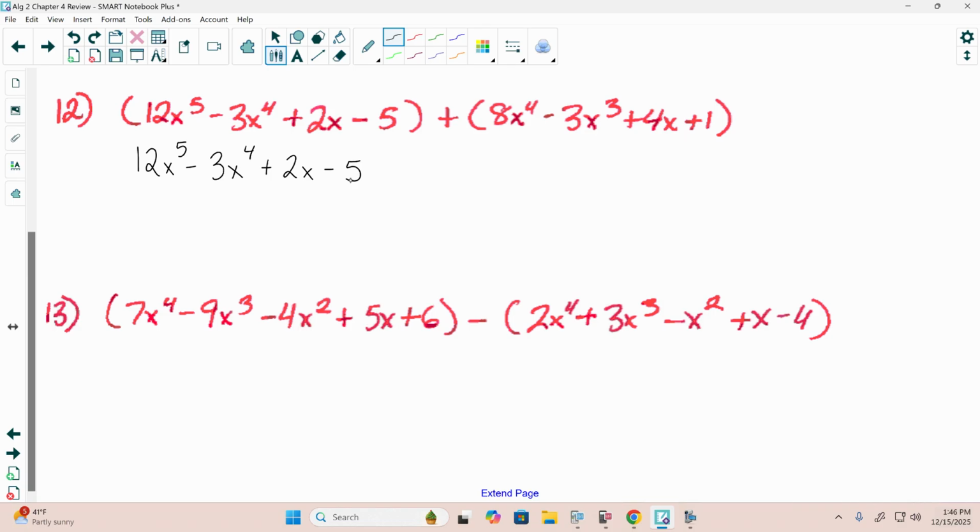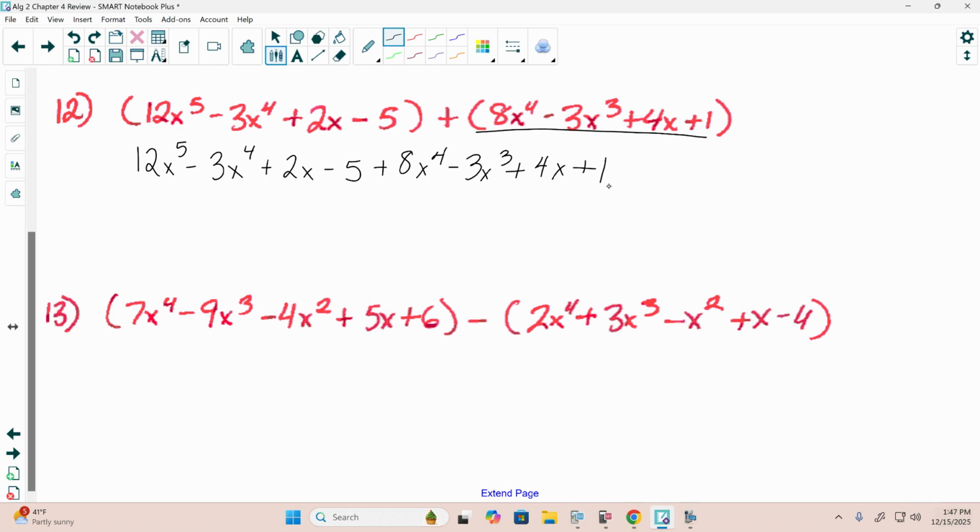There's nothing we're applying to it. Now our second set of parentheses has a plus in front of it. That plus is not going to change the sign of any of these terms. They're going to be exactly the same, so we just rewrite it as plus 8x to the fourth minus 3x cubed plus 4x plus 1.